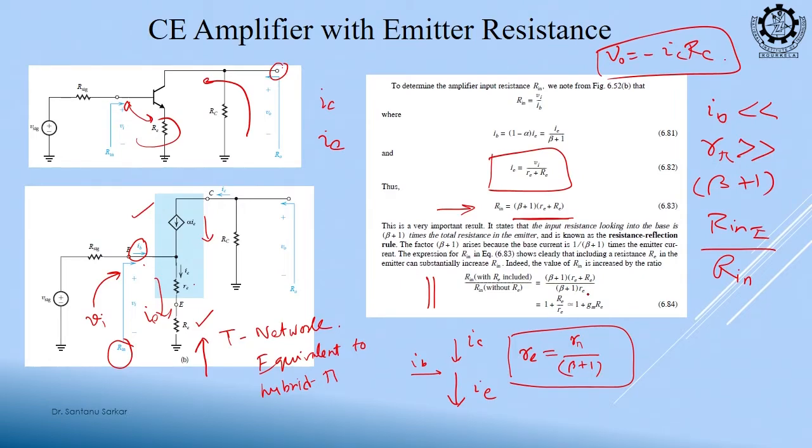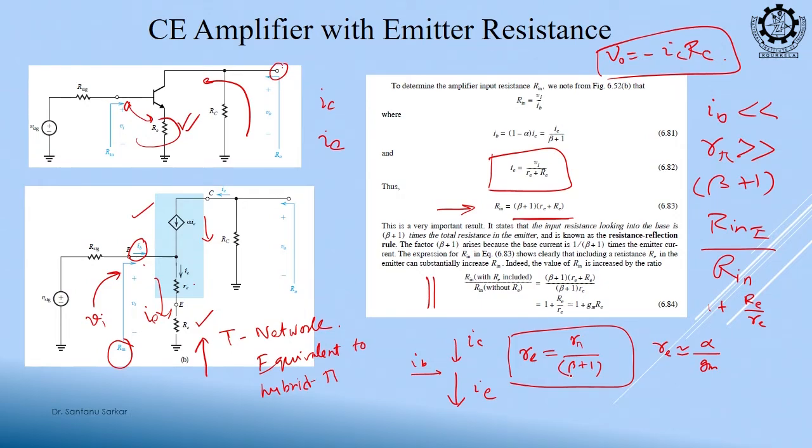If you have capital RE, then it is beta plus 1 times small RE plus the extra resistance. If you divide them, what you get? 1 plus capital RE by small RE. Now, you recall what is small RE? Roughly alpha by GM.